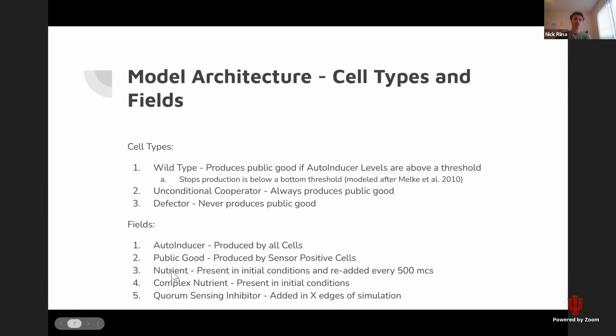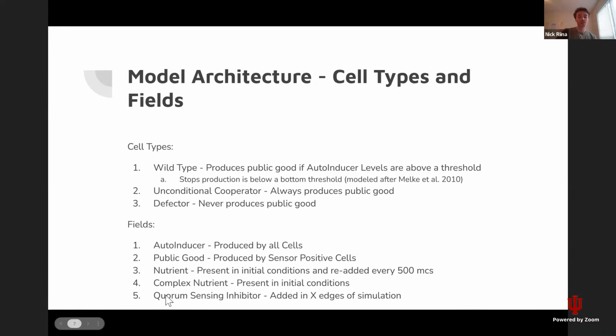The nutrient was presented in the initial conditions. We did some experiments where we did nutrient flushes, which is something you'll do in the wet lab experiments, so we wanted to incorporate that too. After every 500 MCS, if this parameter is turned on, the nutrient, which initially starts in every condition and is set to a constant, will re-establish that concentration.